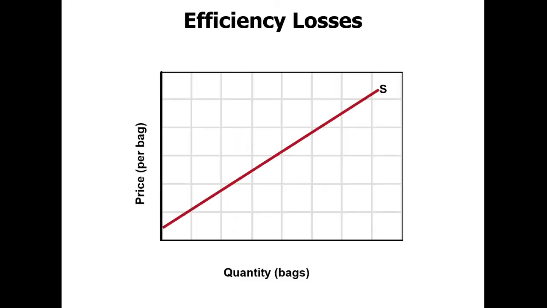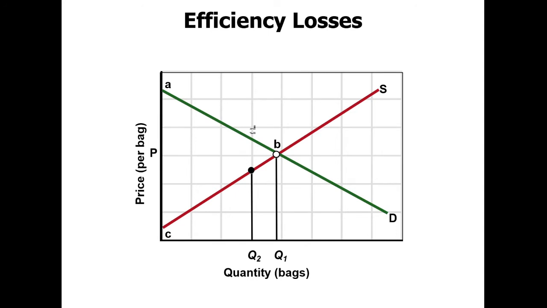Now let's look at efficiency losses. Again, we're looking at Q1 being the efficient amount to produce. What happens when we produce less than that? When we underallocate our resources, we end up with this deadweight loss, which is an efficiency loss from underproduction.